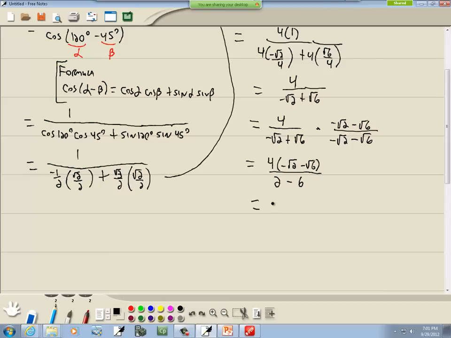Now I can factor a negative out of the top part, so that gives me a negative 4 times square root of 2 plus square root of 6. And 2 minus 6 gives me a negative 4. I see now the negative 4's cancel, and we've got square root of 2 plus square root of 6. And that's our answer.